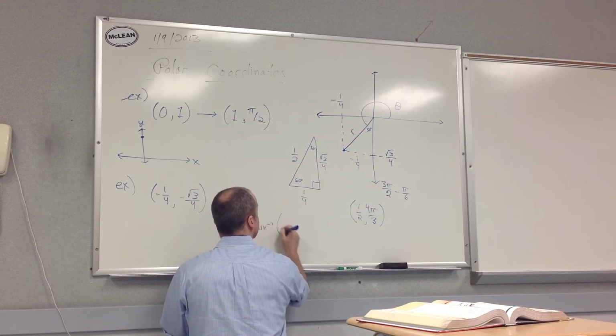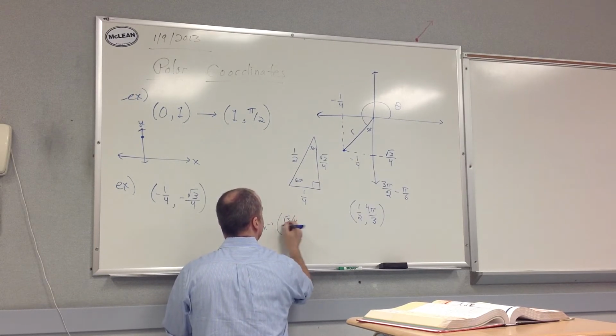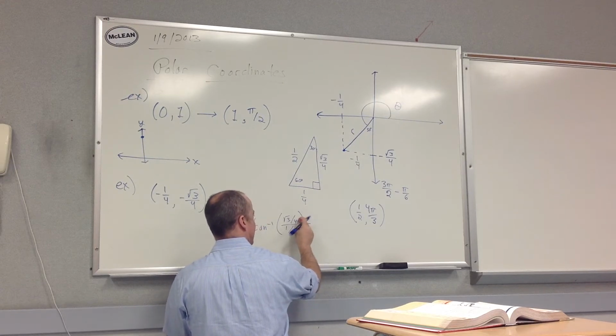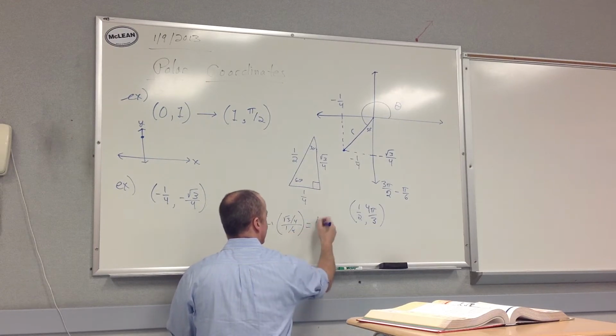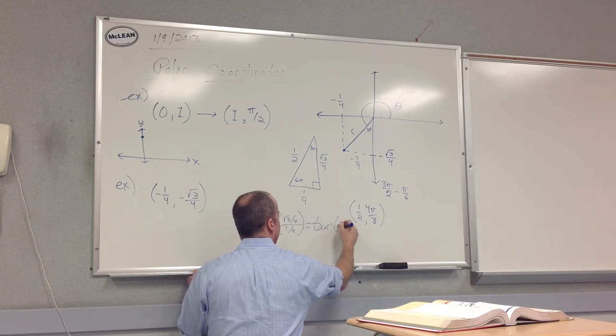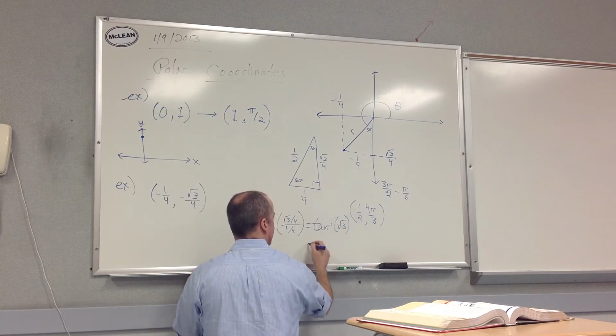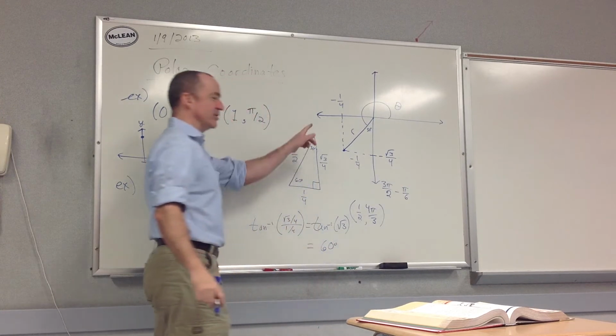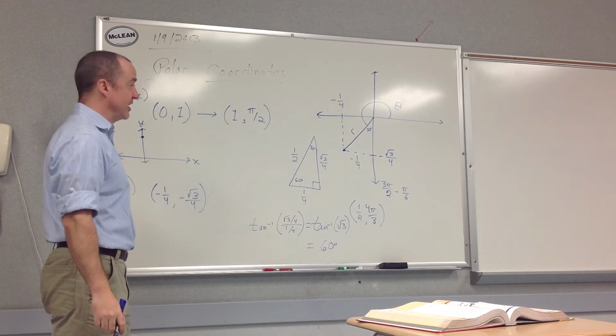The inverse tangent of root 3 over 4 over 1/4, the divided by 4 on the top and on the bottom would cancel, and you'd get an inverse tangent of root 3, which I hope you know is 60 degrees, and that would help you find the standard angle that way.